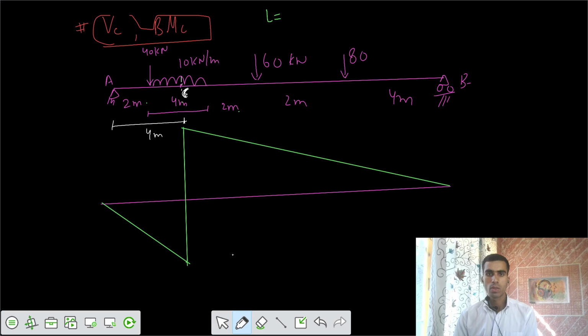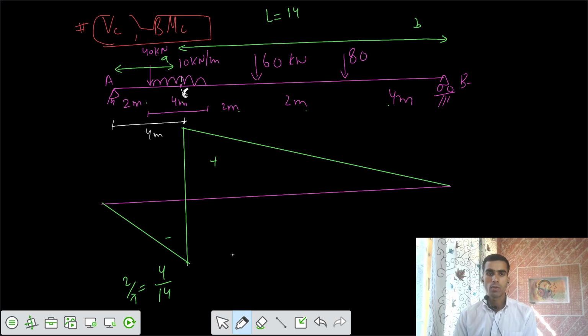That's 2 plus 4 plus 2 plus 2 plus 4, total length of 14, and this ordinate would be equal to, this is your A, the value of A is equal to 4 meter, because section C is at 4 meter from A. So I would write minus A by L, that is 2 by 7 negative, and this is positive, and this one would be 10 by 14, that is 5 by 7, such that overall 5 by 7 plus 2 by 7 is equal to 1 unit shear. So you got this one.